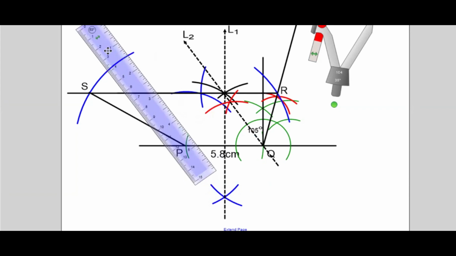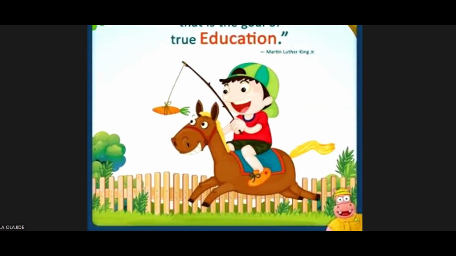We said where L1 and L2 meet. Let's quickly check where L1 and L2 meet. We already got L1, we got L2. Okay, let us go back to the question and check what we have there.